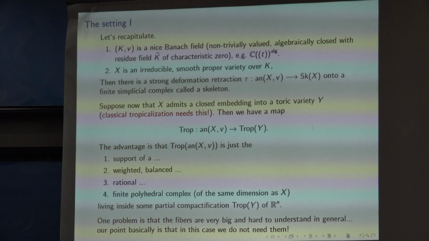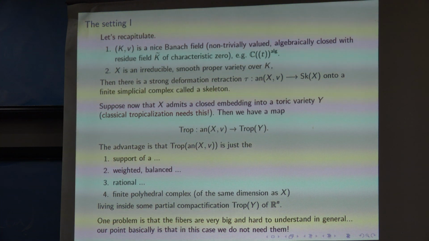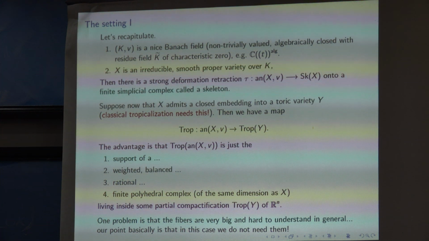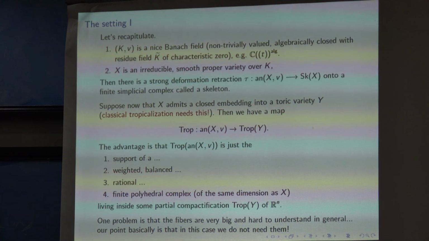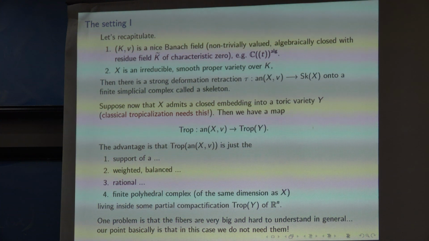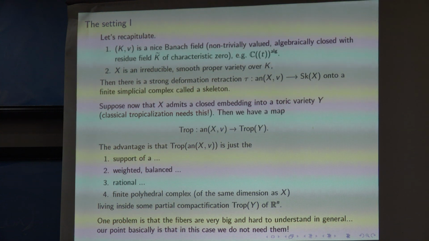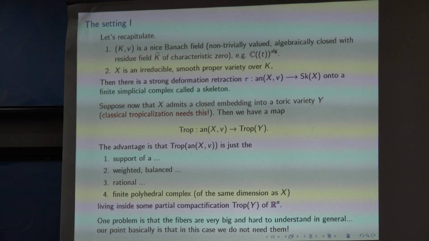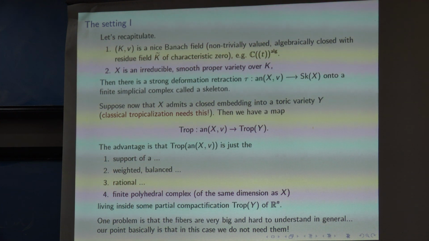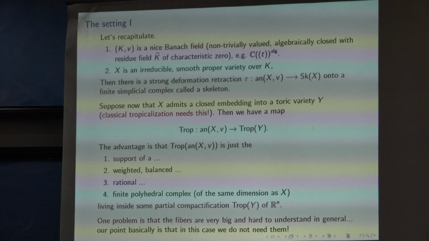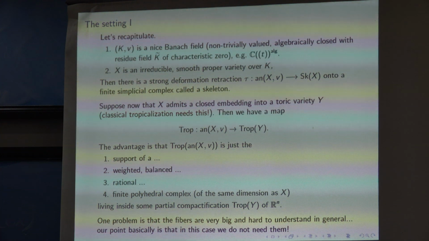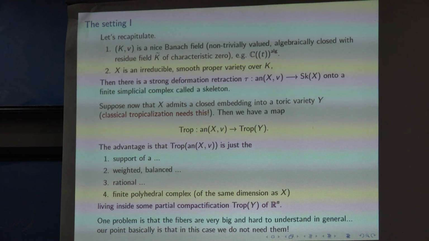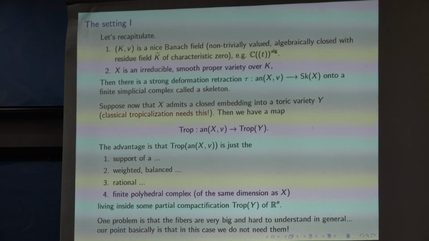Rational in the sense that all these have rational slopes, so they are supported on hyperplanes or on k-planes, planes of the right dimension, which can be defined by equations over the rational numbers. Weighted is that you can put some weight function over the facets. Balanced means that it satisfies some Riemann-Hurwitz condition on codimension 1 faces. And support of is that you have a bunch of polyhedra and you just take the union, and this is going to be your tropicalization.